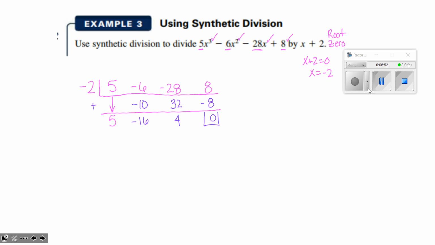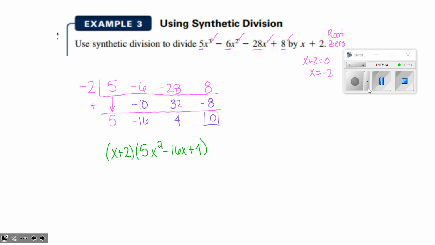What's left here is a quadratic. So this will show me that it factors into x plus 2, the original guy, and the quotient is 5x to the third, or sorry, squared now. We reduced it by a power when we pulled that out: 5x squared minus 16x plus 4.